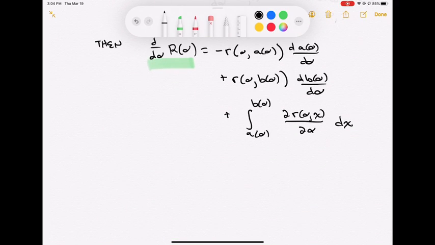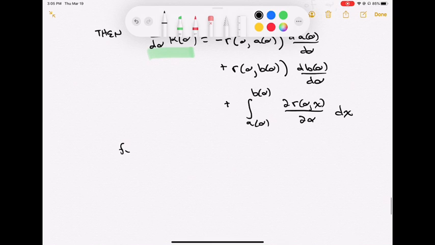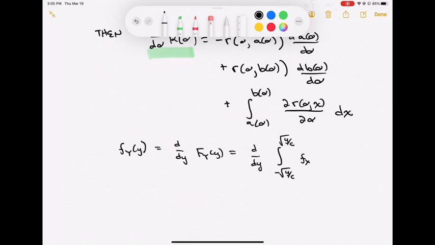So we were looking in this particular case at Fy of y. That is our desired probability density function, and it should be d dy of my Fy of y, which in that particular case was an integral from minus root y by c to root y by c of fx of x dx.